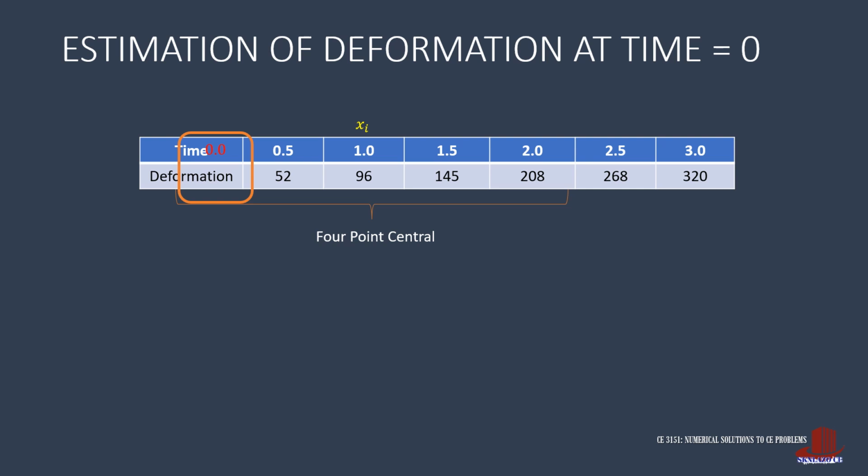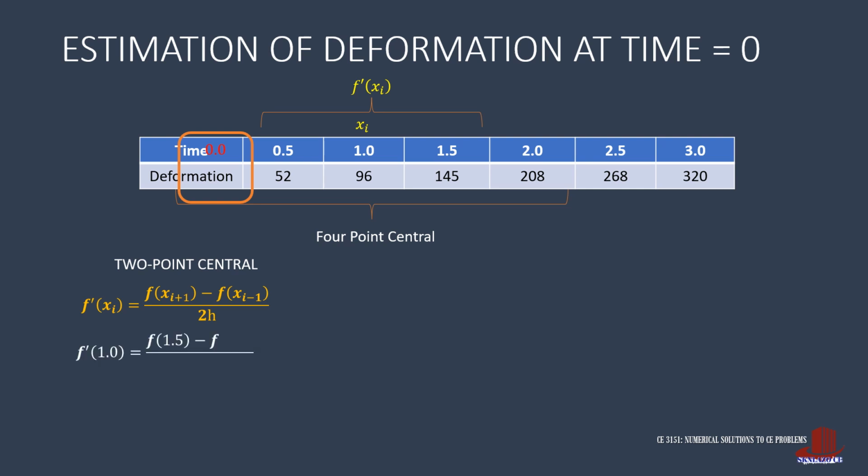Do the same check of using central first. With 2 points surrounding x of 1, we can then use 2-point central to look for f prime of 1. So use 2-point central, and its function is f of xi plus 1 minus f of xi minus 1 all upon 2h.